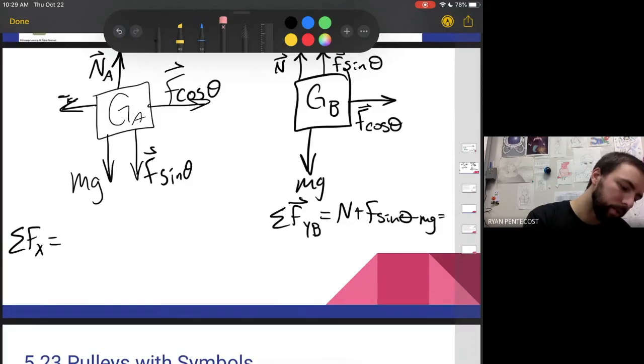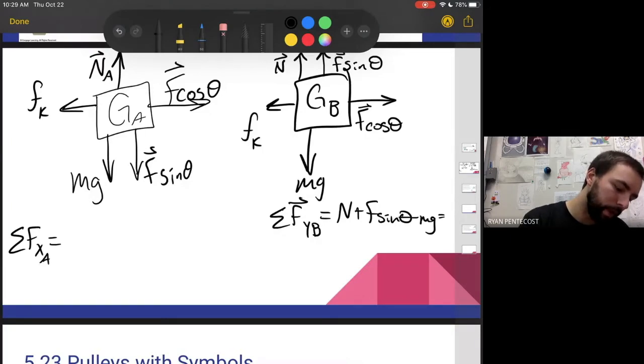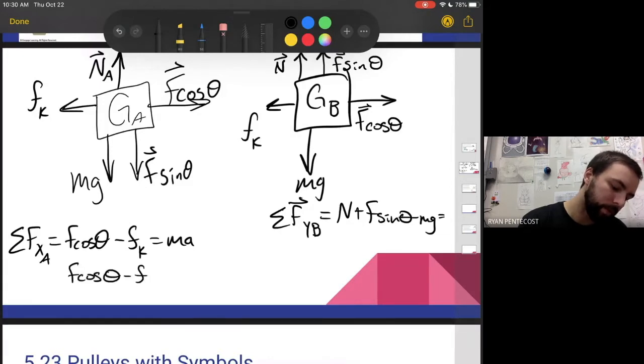Kinetic friction going left. Now, summation of forces in the x for part A, we have F cosine theta minus friction k equals ma. So then we have F cosine theta minus friction k divided by m equals a.